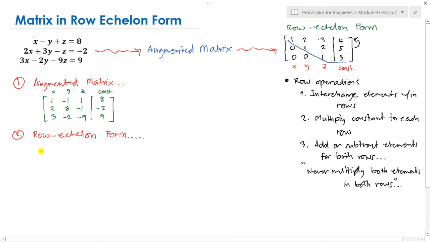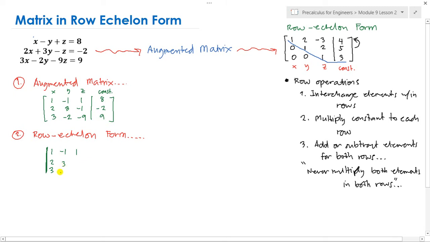So, the first thing to do is to see to it that the first row should have 1 as its element in row 1 column 1. So automatically, our given already has 1. So the row is 1, negative 1, 1, then 2.